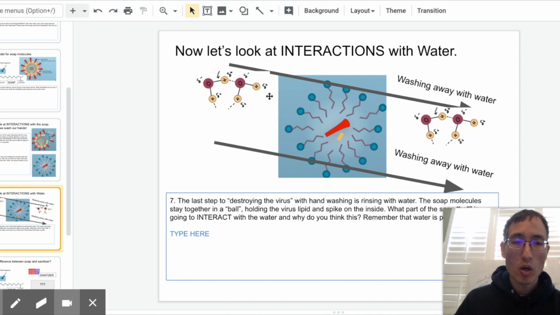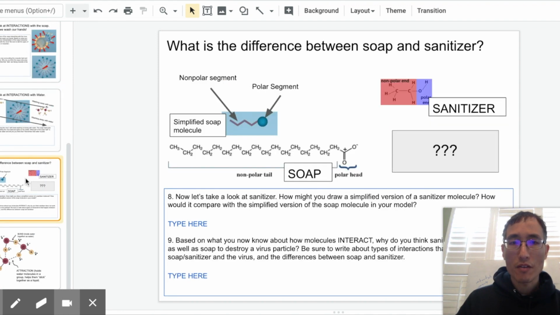So what role does the water play now? Remember, water is a polar molecule, so that means it's got charges there, plus and minus charges. What role does the water have, and why is it important that all these soap particles are facing this outward direction? They're kind of grabbing onto this thing, so why is it important that they hold on that way?